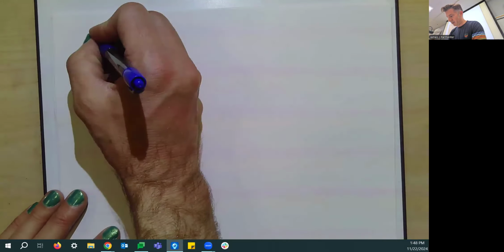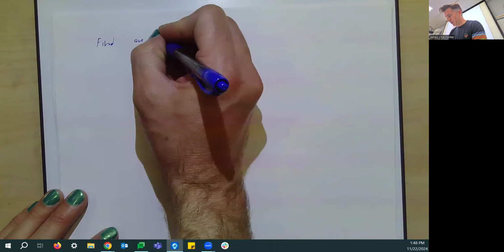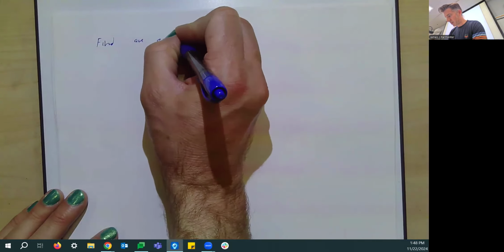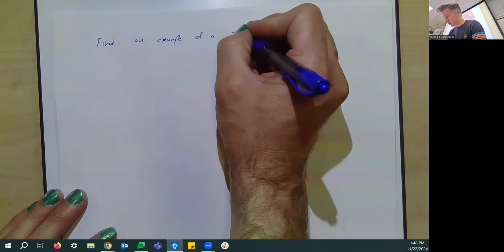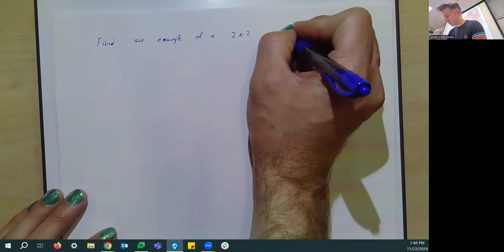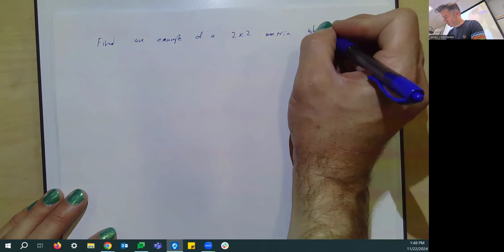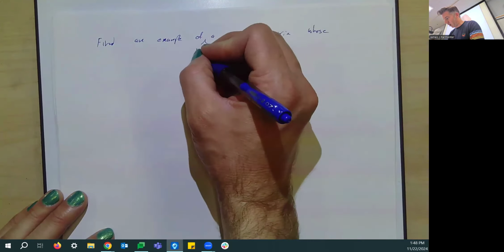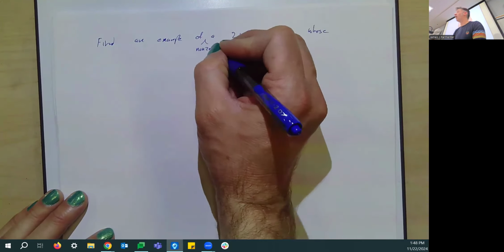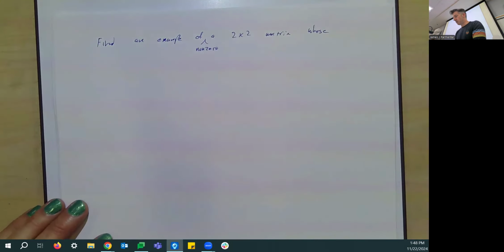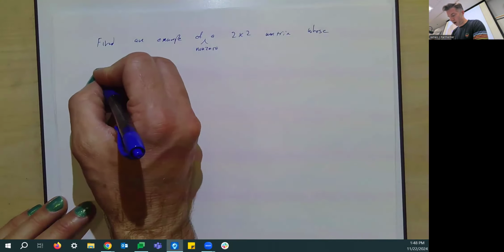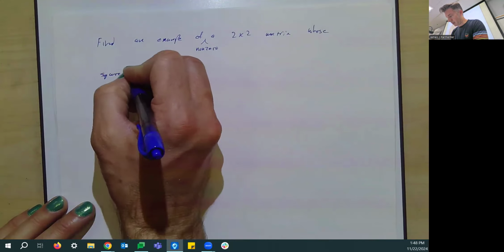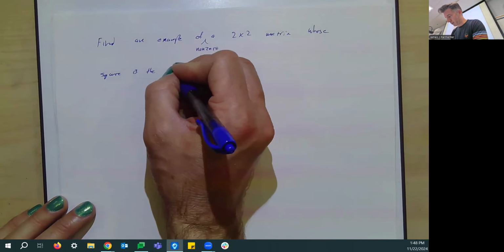We'll move on though. Let's find an example of a non-zero matrix, meaning it's not all zeros, a 2 by 2 matrix whose square is the zero matrix.